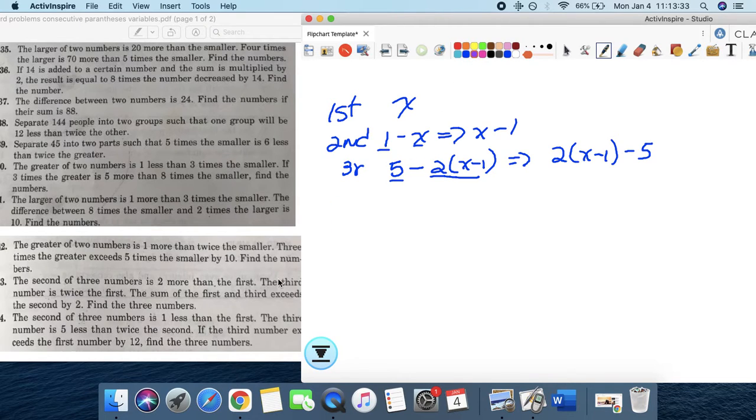Now I can use these three to set up my equation. If the third number, 2x minus 1, minus 5, this whole thing is my third number, exceeds the first number by 12.